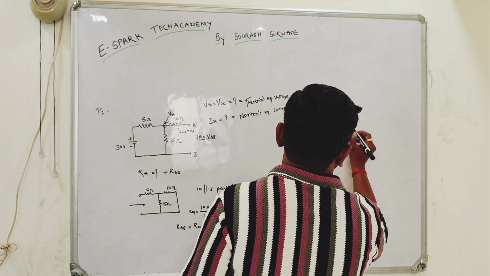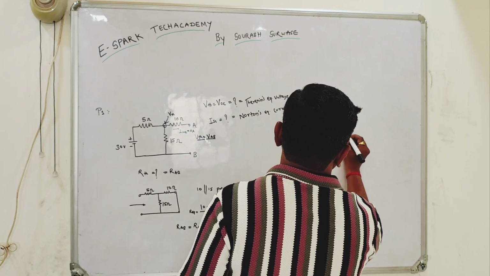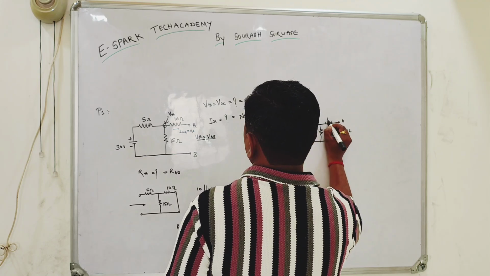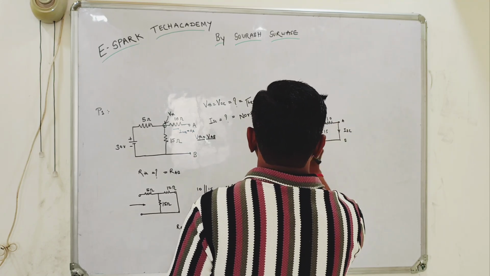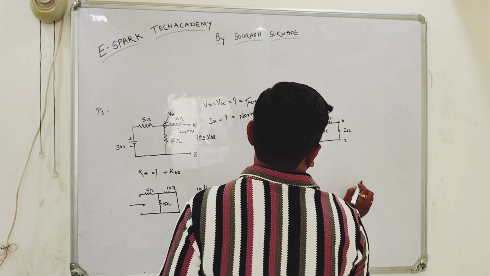This is the point A, this is point B, this is nothing but ISC, this is 5 ohm, 10 ohm, 15 ohm, and this is already given as 30 volts, plus minus.